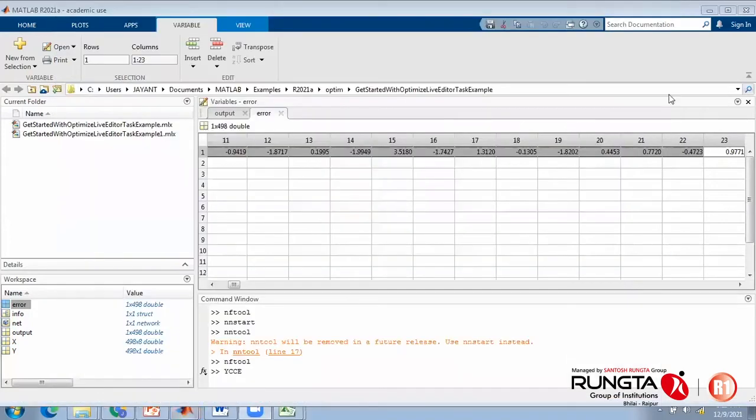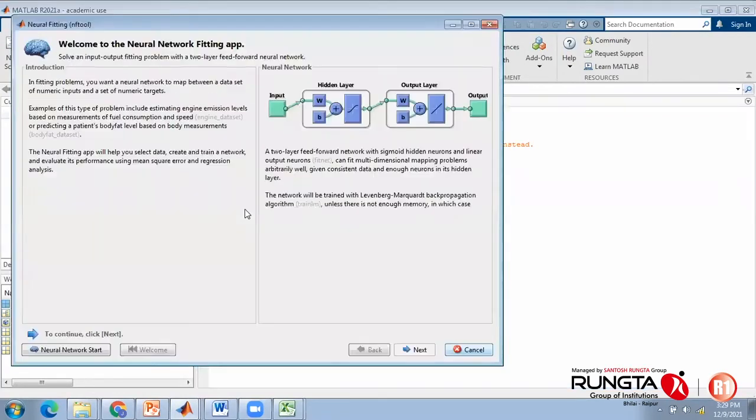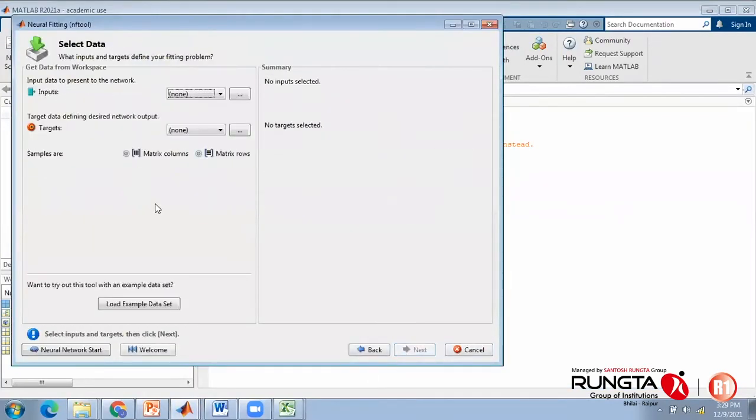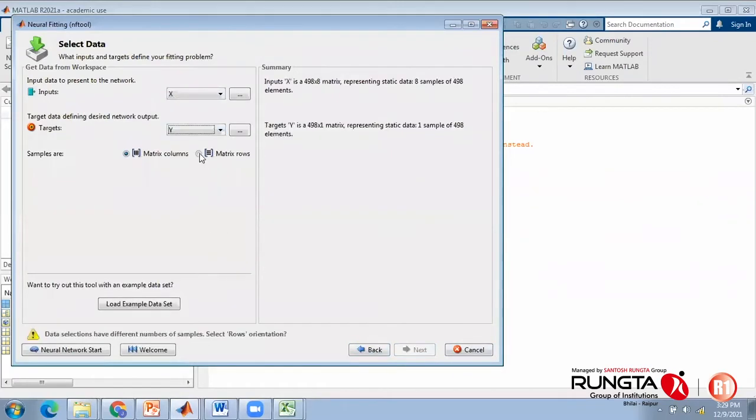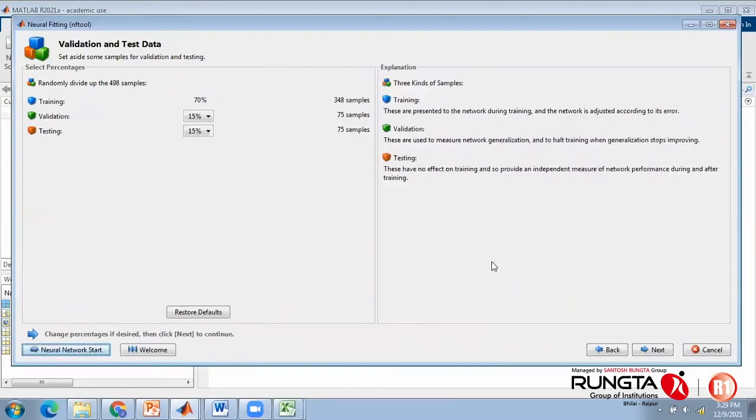Let me repeat one small thing over here. Let me try with a different topology, the same process: X, Y, matrix rows, and then I have changed it.